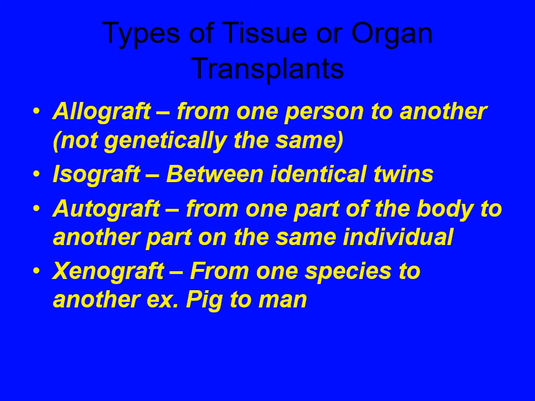Allograft is from one person to another, but not being genetically the same. Isograft, these are individuals that are genetically the same, identical twins.